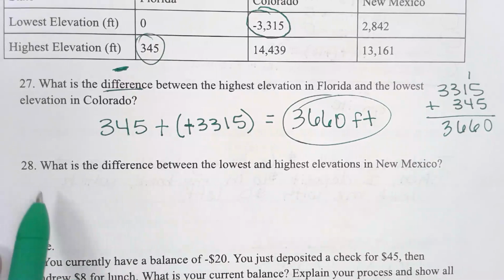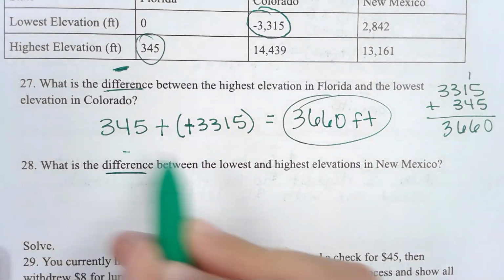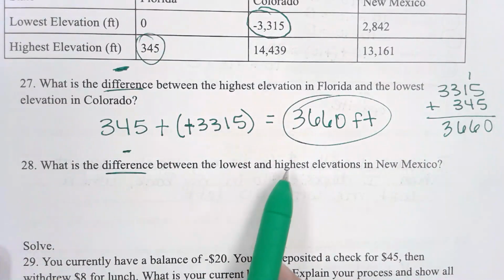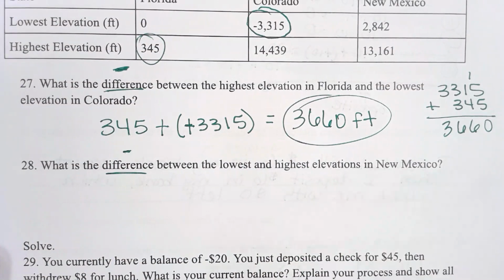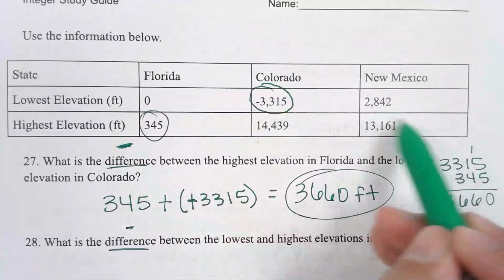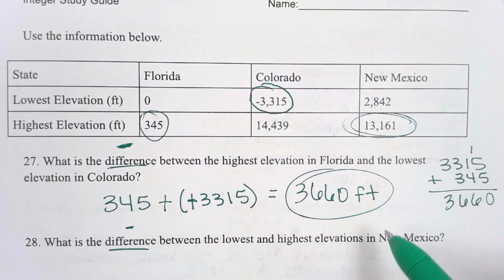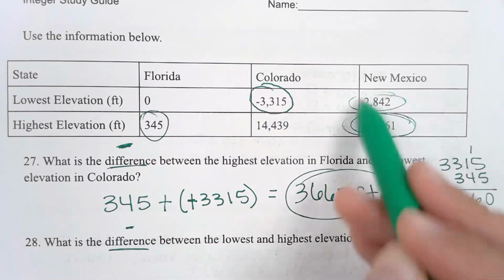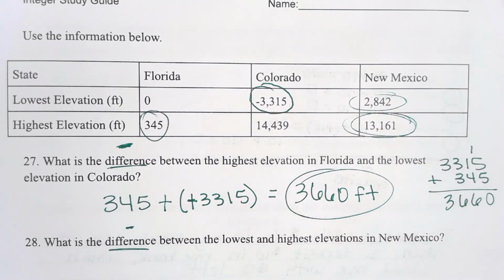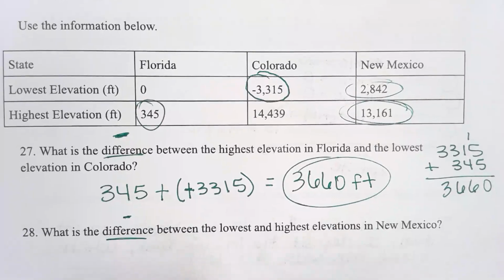All right, so next one, what's the difference? So again, we're subtracting between the lowest and highest elevations in New Mexico. So the highest elevation was that 13,161. The lowest was 2,842. So we're just going to subtract those together.